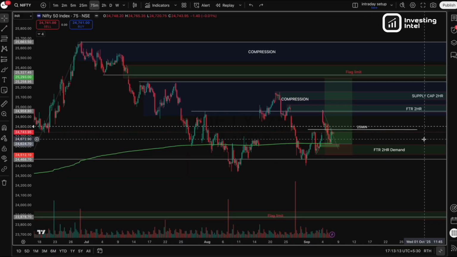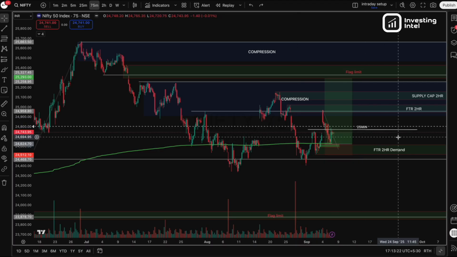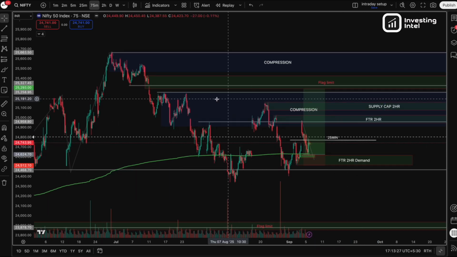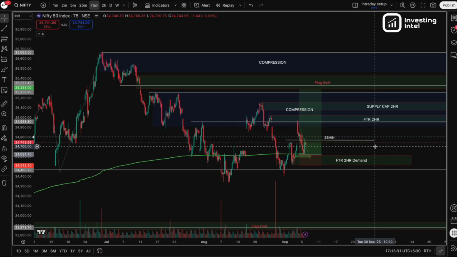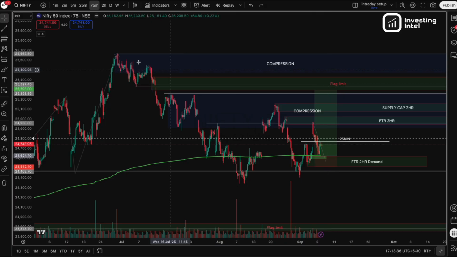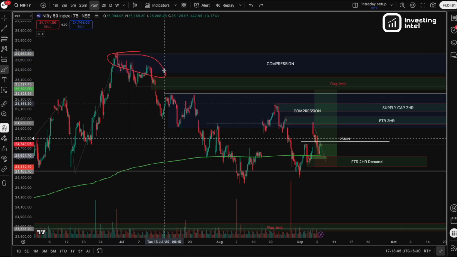First learn and understand what compression is. In short, price compression is a vacuum where price moves freely in a single direction, because the opposite orders are very few. If you see here, this is supply zone one, and above this, all these levels are taken, so this is also a compression zone.